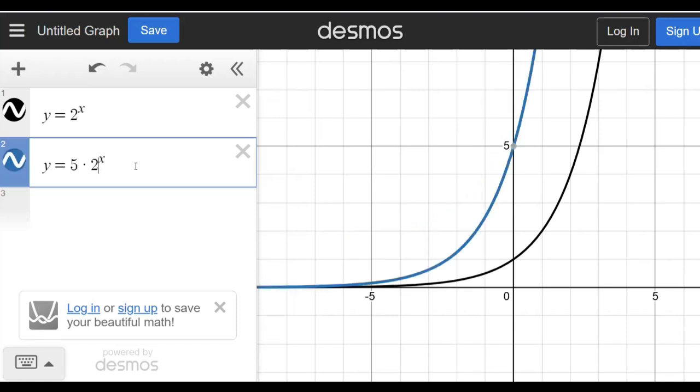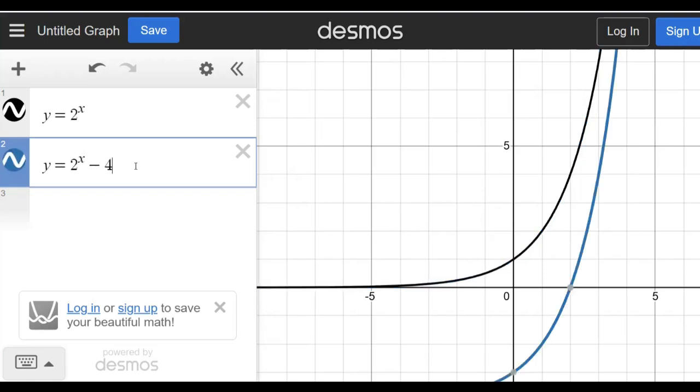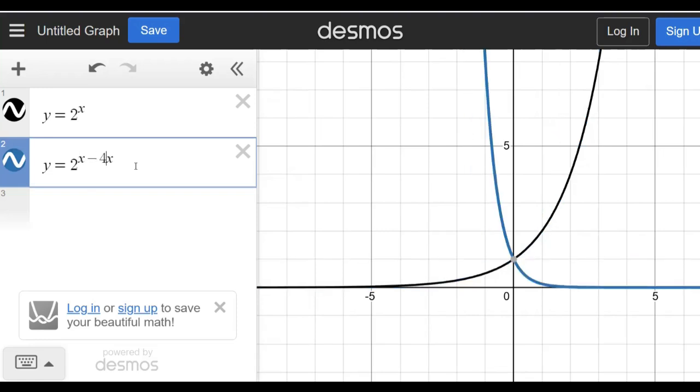I'm going to take the 5 out. One more thing. Do x minus 4. Whoops, no, this is where I get into trouble with Desmos. Let's do x minus 4 like that. So check it out. This has shifted our function 4 to the right. So this is like the vertex form of a quadratic equation.